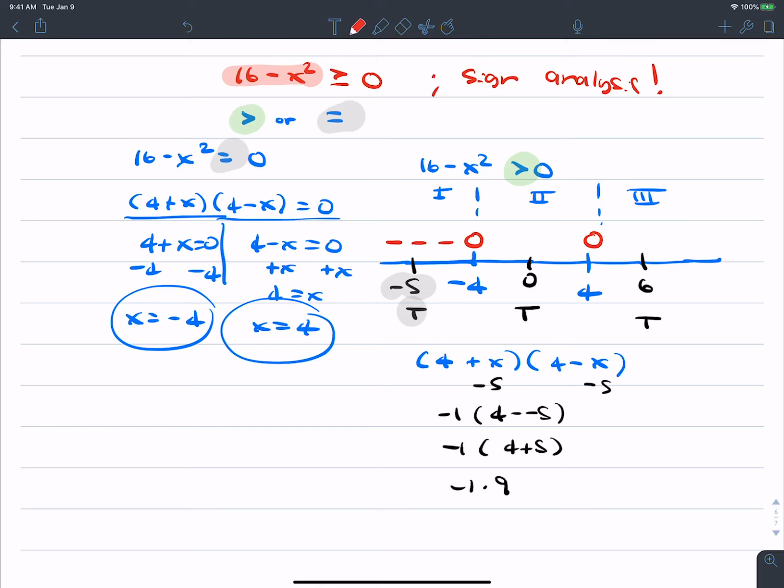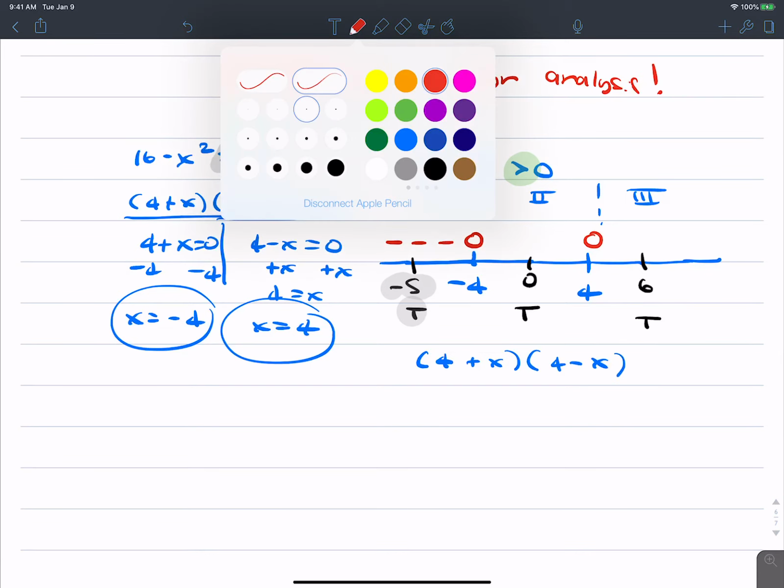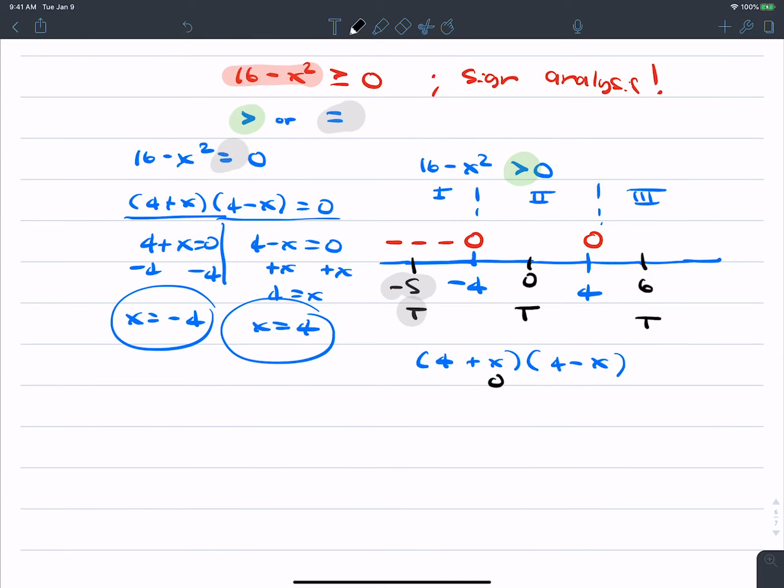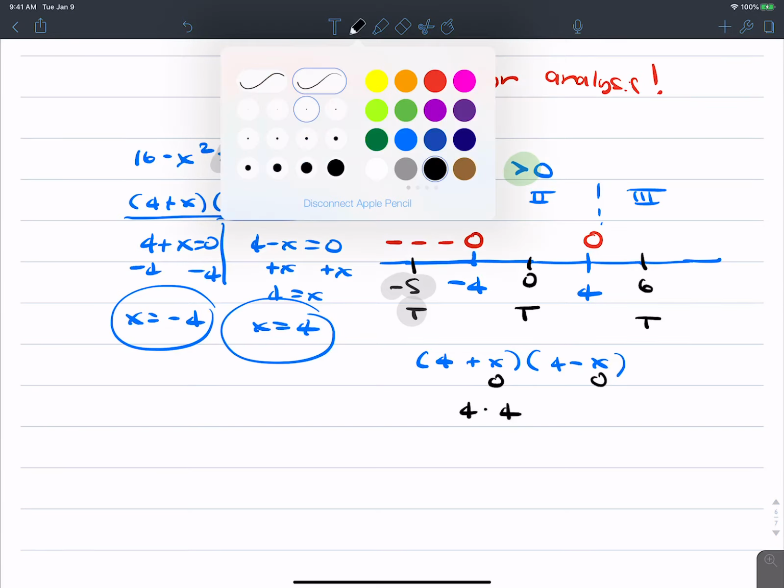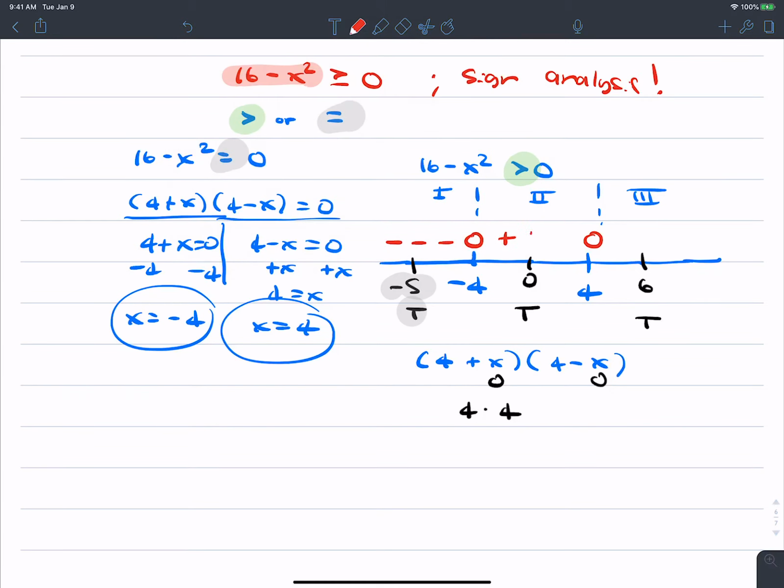So we're going to do the process for every test point like we just did. But this time, we're going to test the value 0, which is really testing region 2. So when I plug in 0 for x, I get 4 times 4, or a positive times a positive, which gives me a positive. So region 2 is in fact positive.